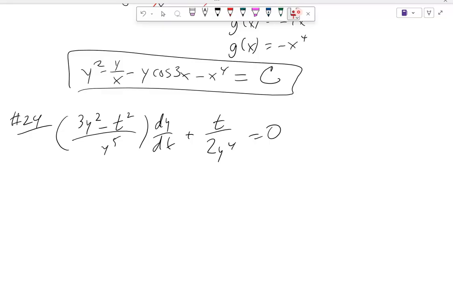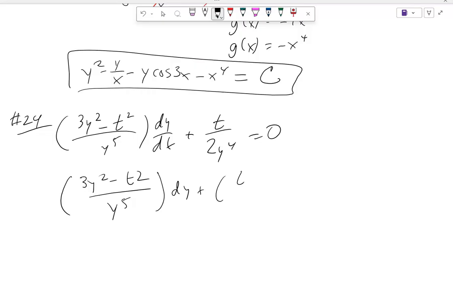Okay? All right. To write this in the correct form, let's just move the dt to the other term. The order really doesn't matter. I'm going to write it this way to start with. Usually you'll do independent variable first and dependent variable second if you think of one as being independent versus dependent.